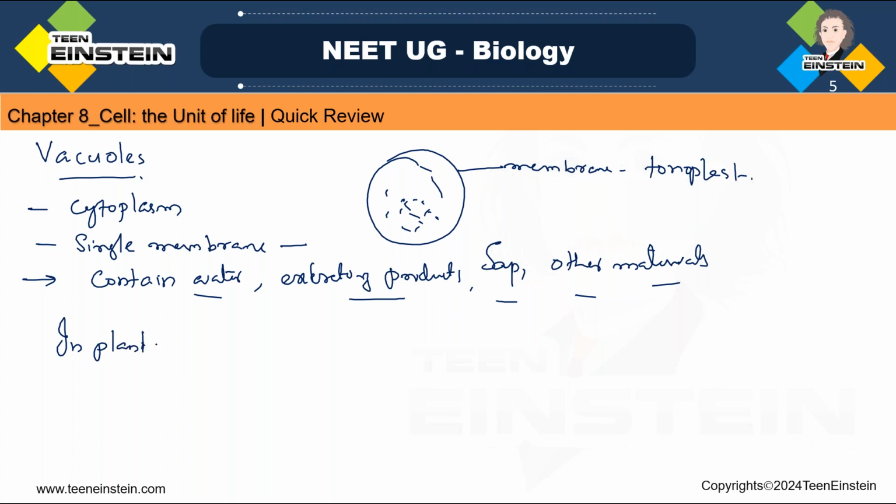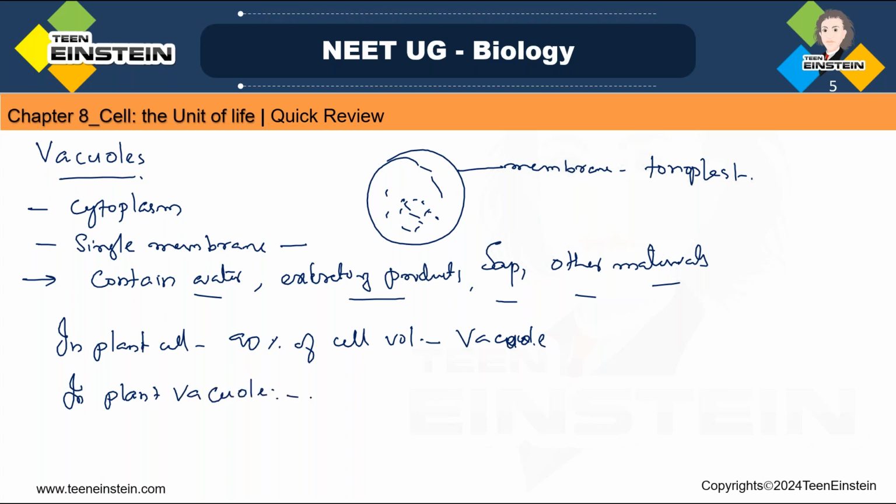In plant vacuoles, you can see anthocyanin and anthocyanins.